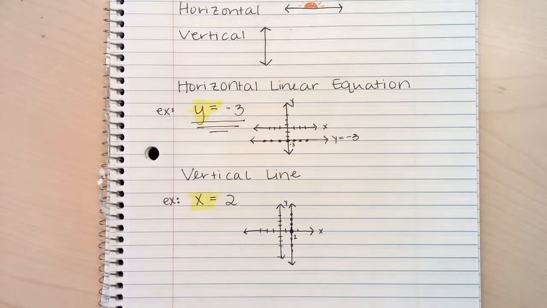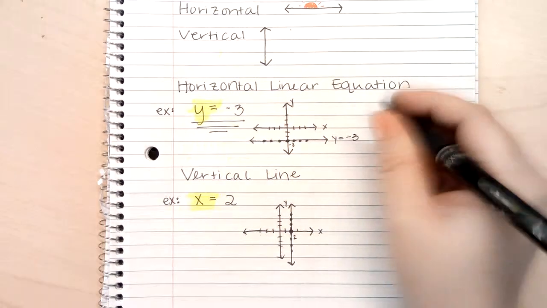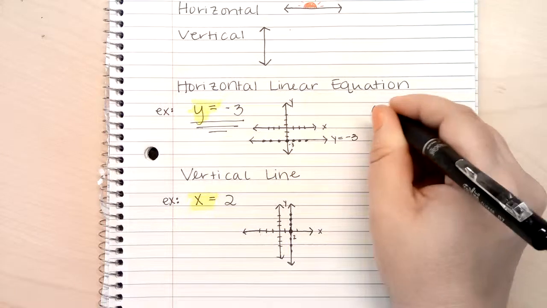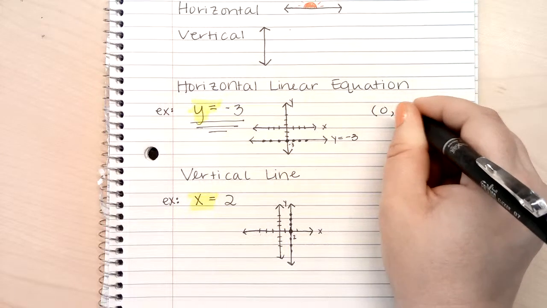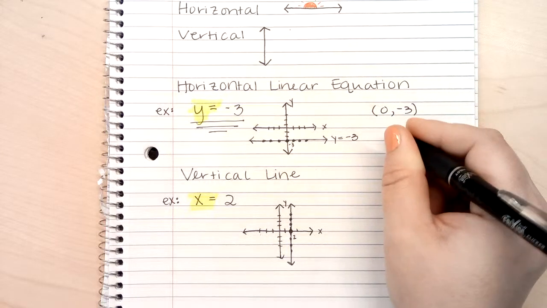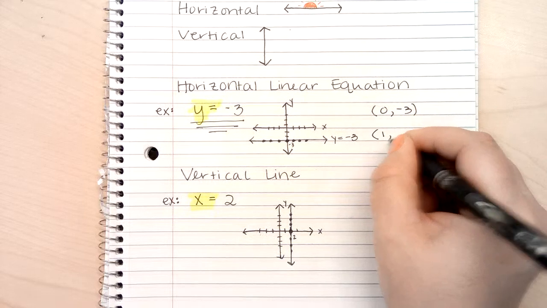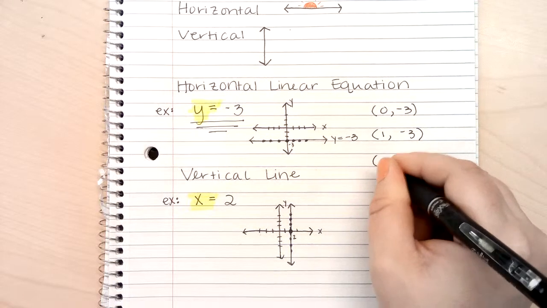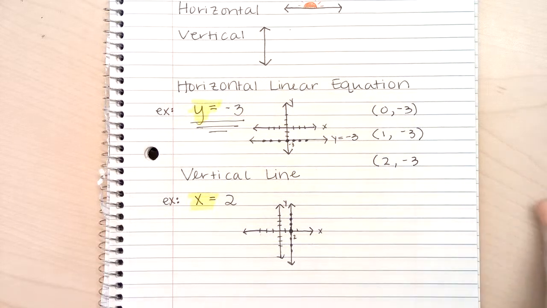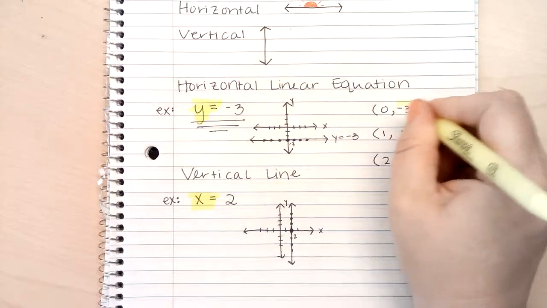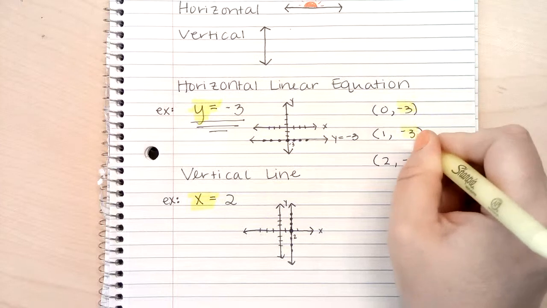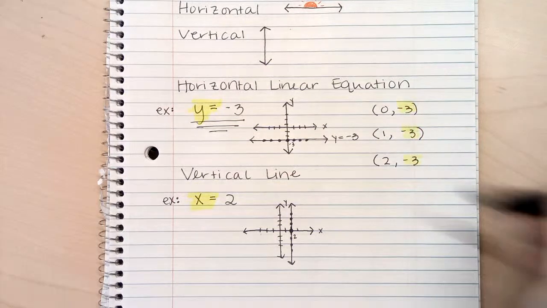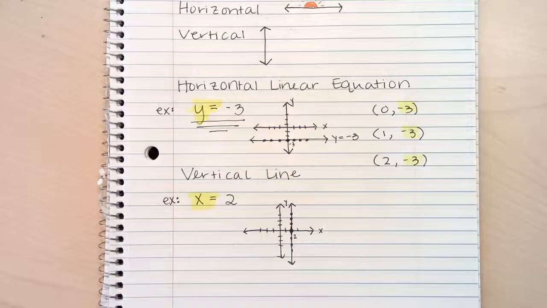So I'm going to write a couple of points that it might look like. So this one might look like this. (0, -3). These are just example points. You might have (1, -3), and you might have (2, -3). Notice that the y value is always, oops, I forgot my parentheses, -3.